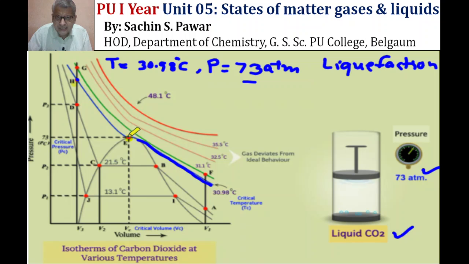So the liquefaction has started at E, that is at 73 atmosphere, when the temperature is 30.98.